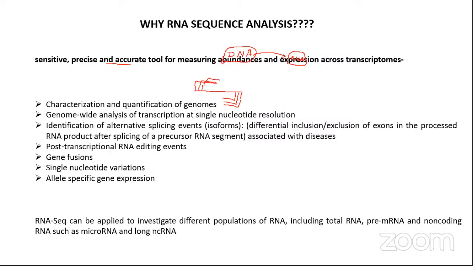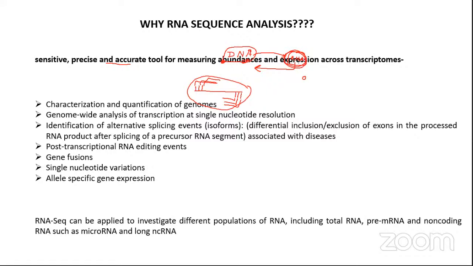If we have only the DNA information, we won't know which frame it is coded for. But if we have the RNA sequencing data with us, we can go back and infer which frame this DNA will code for our proteins. So this is the prime advantage of doing the RNA sequencing analysis.